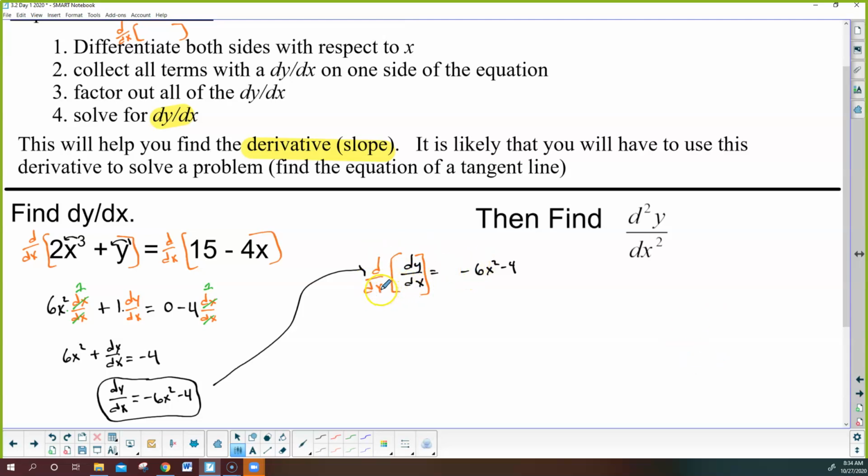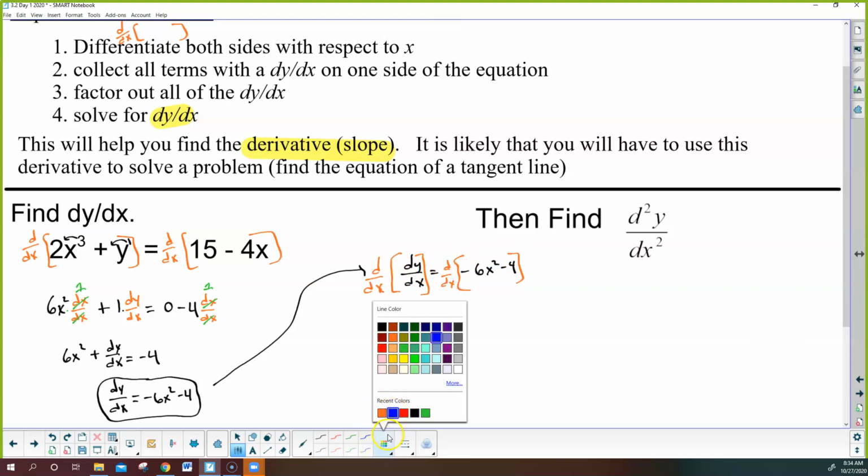We need to take the derivative of the derivative, which means we're going to take d/dx of both sides. And then this is the notation we talked about. d times d gives me d squared, and then the y just stays. dx times dx is the dx squared, and that's where this notation comes from.